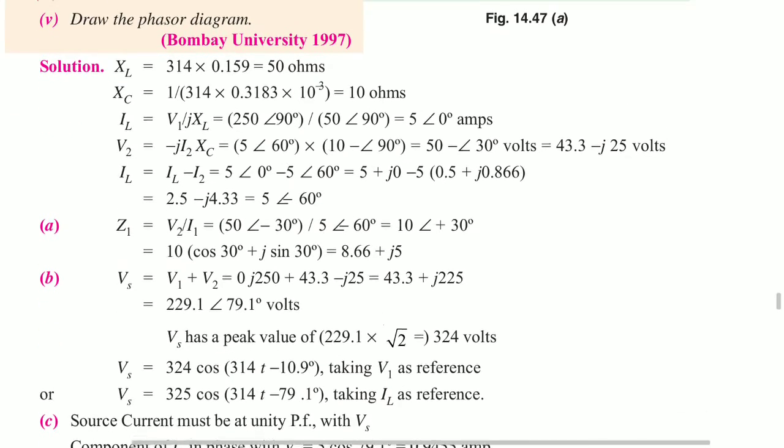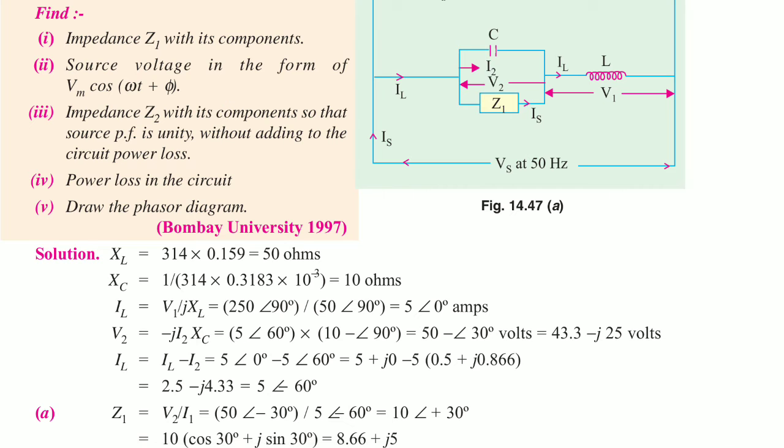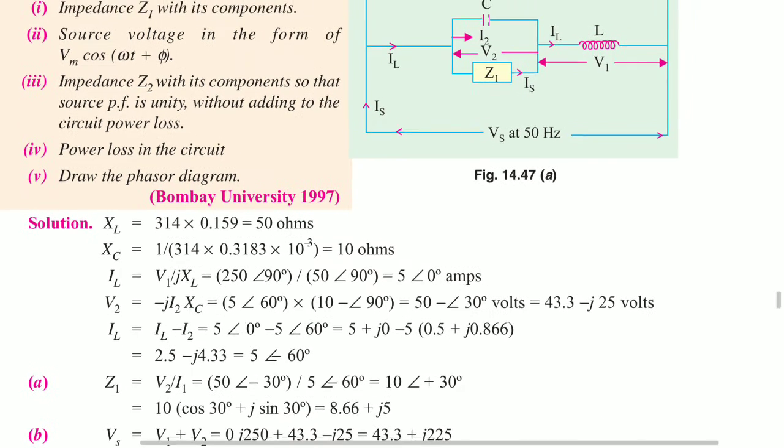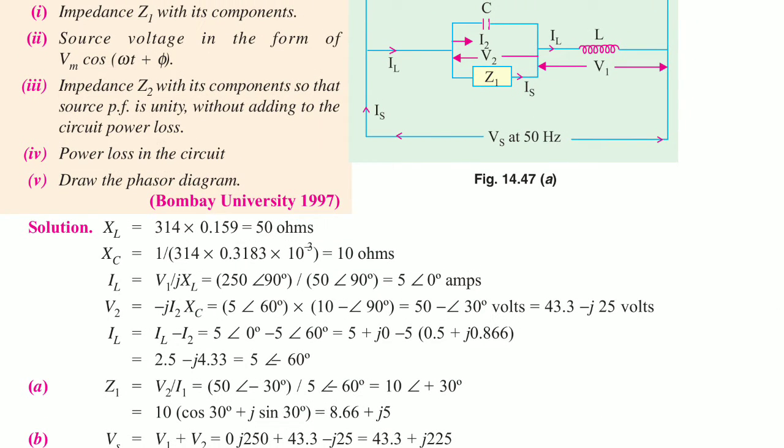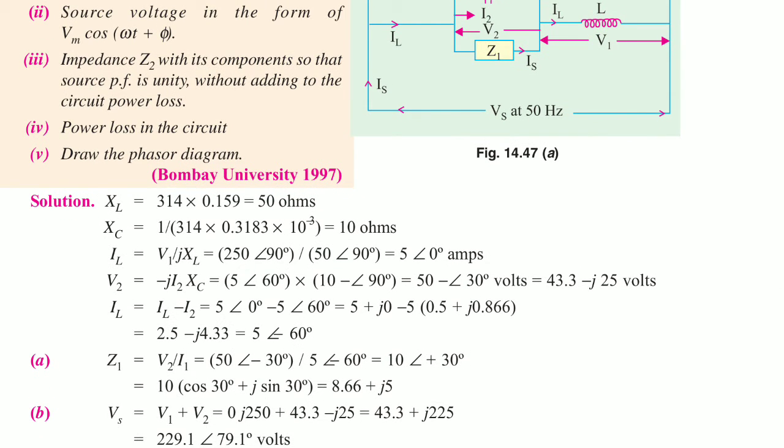Now IL is equal to, where is IL? So in this circuit, IL is equal to V1 by jXL, that is equal to 250 angle of 90 degrees divided by 50 angle of 90 degrees.